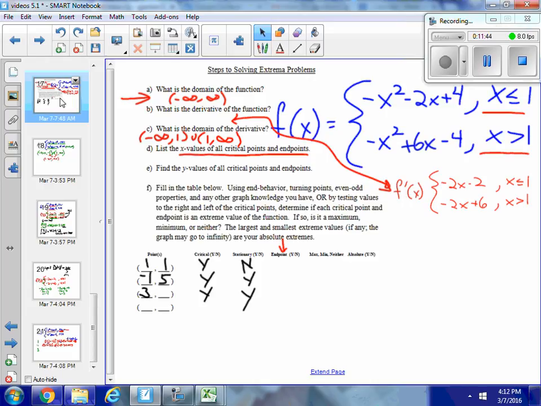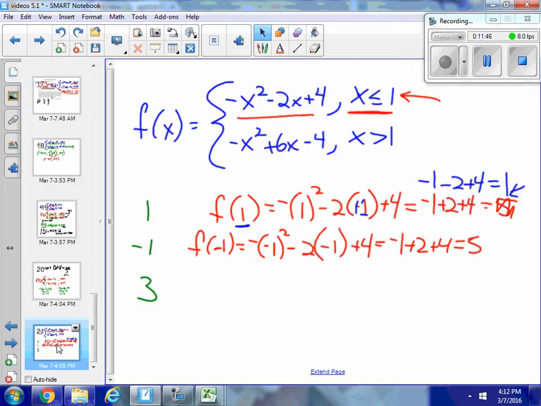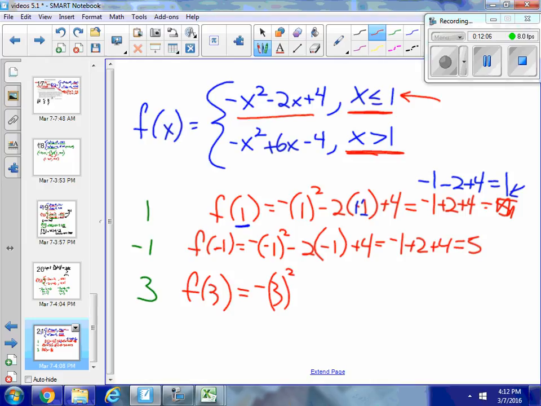And then at 3, f of 3, that is equal to negative, because 3 is now greater than 1, so that's negative 3 squared plus 6 times negative 3 minus 4.